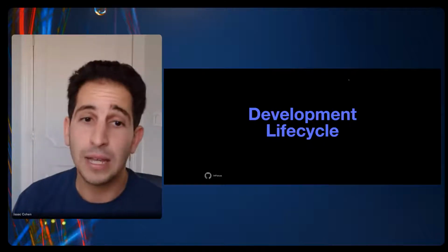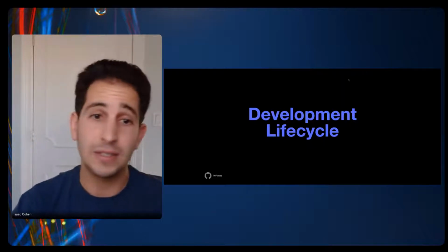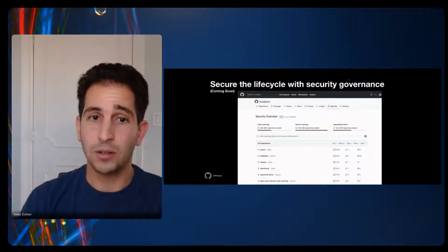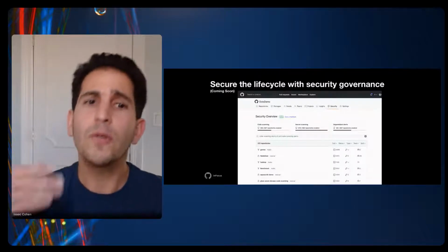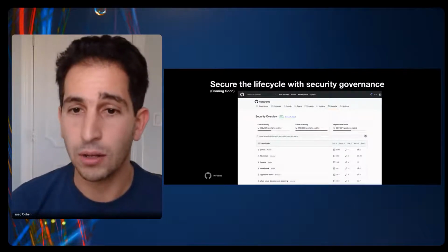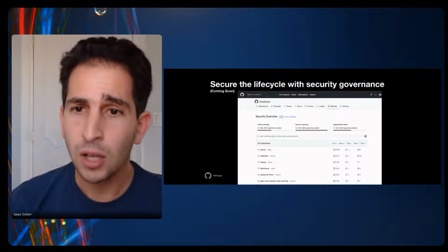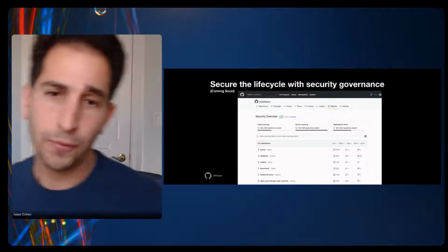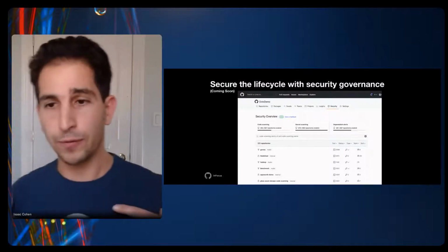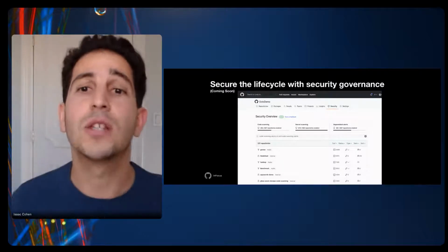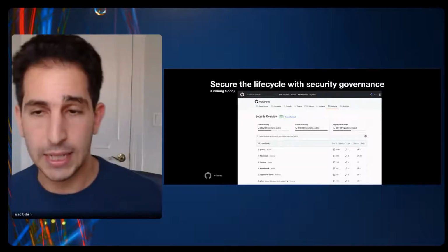Now, I will note that some of this feature is not released yet. It's currently in progress. But to give you a visualization of where we are going, the first thing that we're starting off with is a repo by repo view of everything that's going on within your organization.